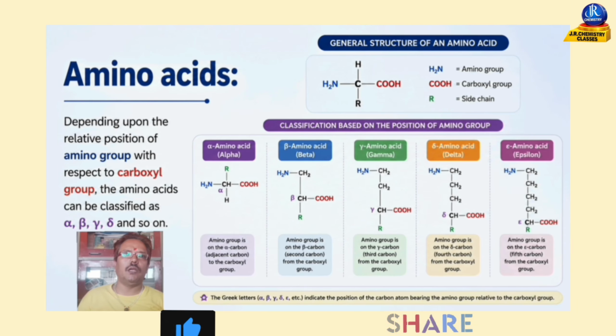Depending upon the relative position of amino group with respect to carboxyl group, the amino acids can be classified as alpha, beta, gamma, delta, and so on.